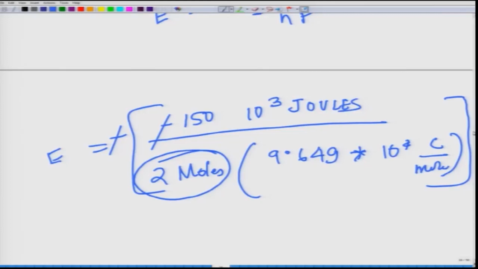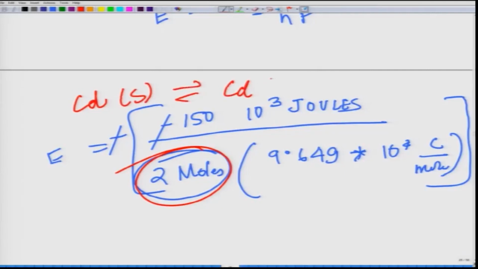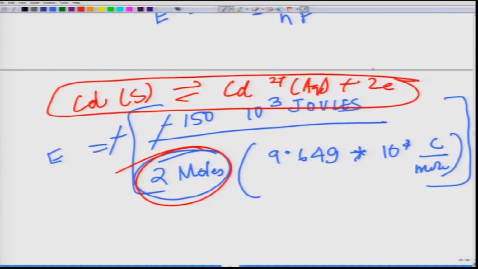So, the 2 moles you see should not confuse you, it is because of that reaction. You should always remember the first reaction you saw: Cd solid becoming Cd 2 plus aqueous plus 2 electrons. This is the reaction which governs this whole flow of electrons.